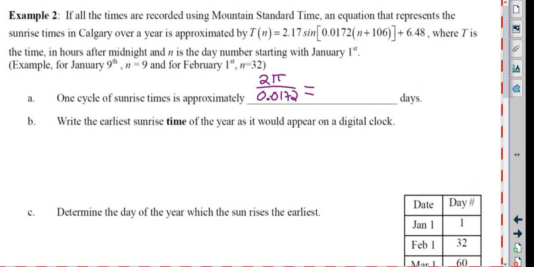This is approximate, so we don't need 6 decimals. 365.3. Wow, that's actually a year, right?